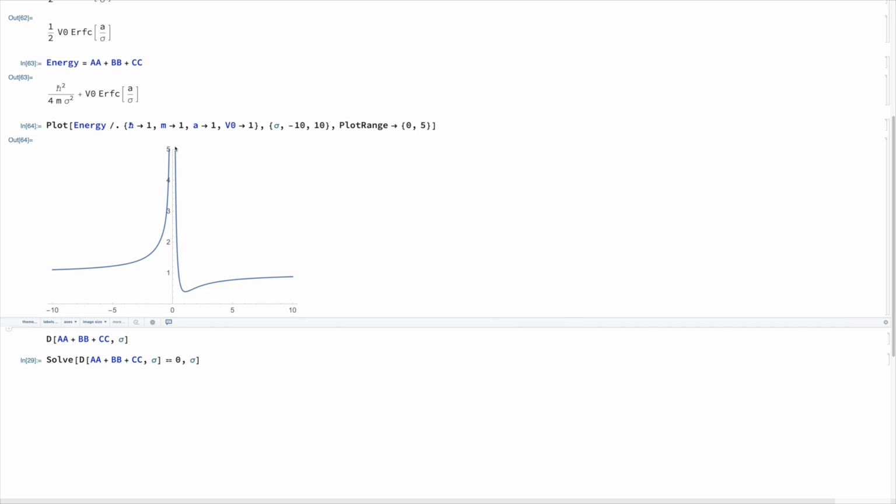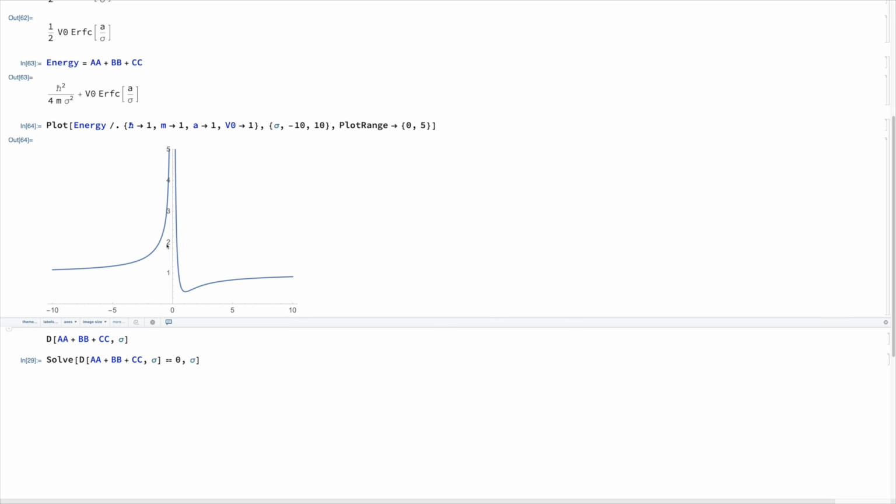Because the smaller I make sigma, the bigger that contribution from the first term is. And then as I make sigma bigger, the kinetic energy goes down, right? But then what starts to happen is more of the wave function appears outside the middle part of the well, and therefore the potential energy starts to contribute more.